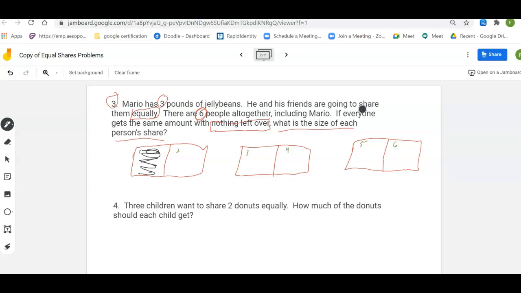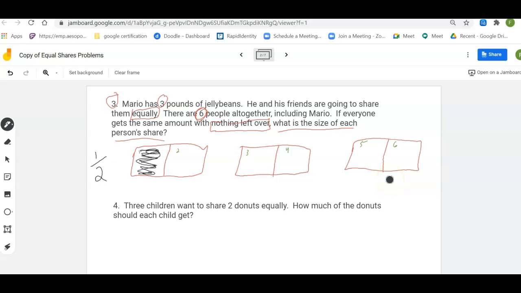So each person would get the same amount. What I have shaded in is what one person would get. So what is the size of each person's share? Well, each person would get 1/2 of a pound. And that is our answer for that one.